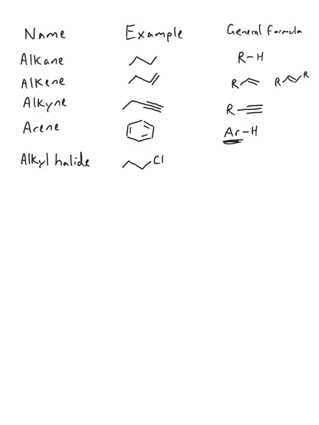Generally speaking, the structure would be RCl. But of course, as long as there's an alkane chain, it is an alkyl halide. We then have alcohols. Finally getting to that, so we should be familiar with that one already, is with the OH group. General formula being ROH.